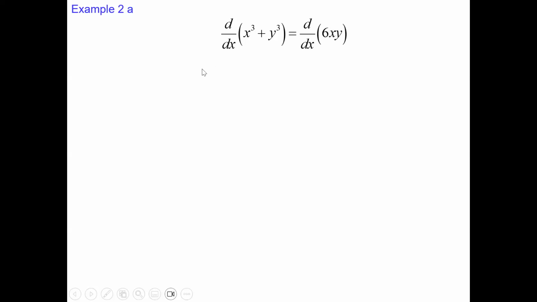Derivative of x cubed is 3x squared plus derivative of y cubed, which is 3y squared times dy/dx, because this is a function hidden behind y. We didn't solve it, yes? We know that y depends on x, and we're looking for the derivative, which is dy/dx, or y prime.